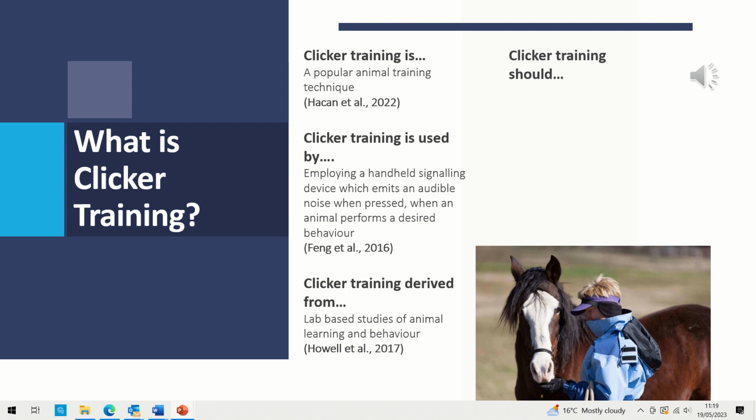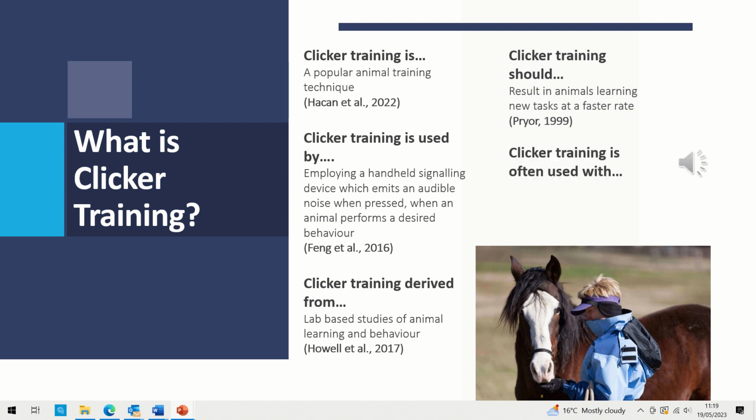Clicker training should result in animals learning new tasks at a faster rate. May also be used.